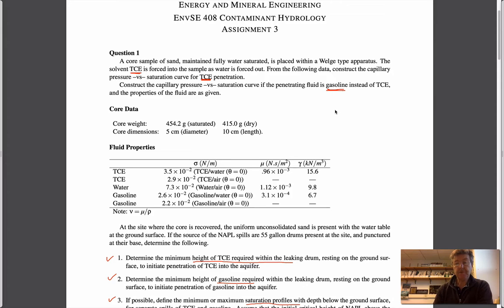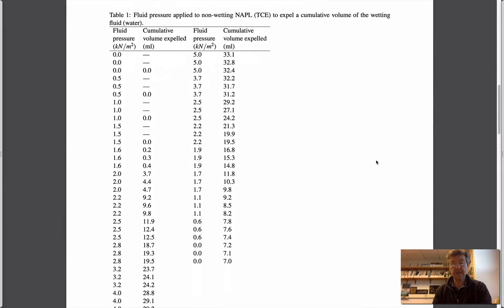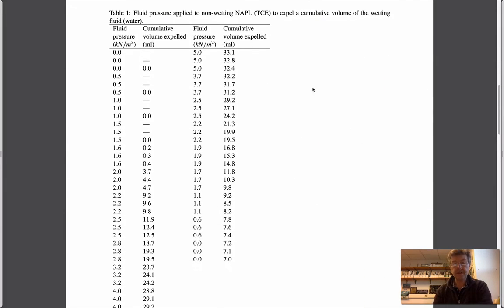You need to be able to calculate the capillary pressure curve by realizing that you initially have a water saturated situation, so you're initially at this point with zero pressure, and as you increase the pressure, let me draw it here actually, it'd be much easier.